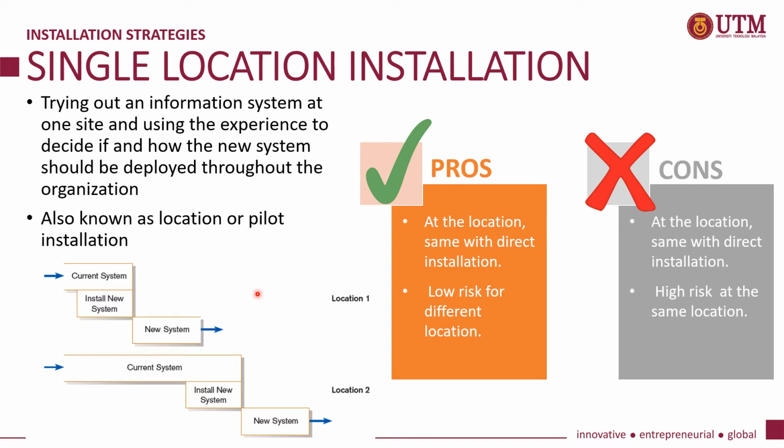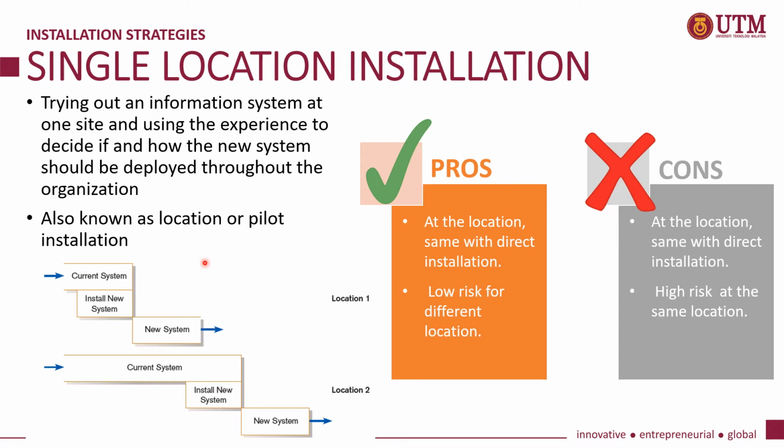The third installation strategy is single location installation. In this strategy, you try out an information system at one site and use the experience to decide if and how the new system should be deployed throughout the organization. This strategy is also known as location or pilot installation, and others refer to it as a branch office or one department.